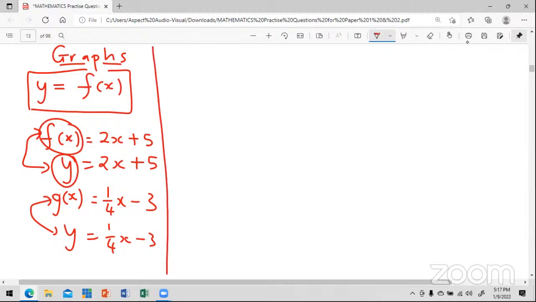Now, you only need to know 3 graphs to plot. I'm going to show you 4, just as an addition. I don't know whether they'll show you that. So let's say the first graph, we expect you to be able to plot a graph that is a straight line, which is your mx plus c. Are we following? All right. Now, this graph, if it's a straight line, we sometimes just put it as this.